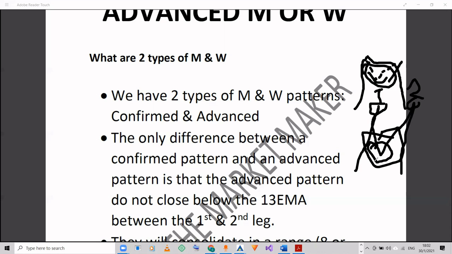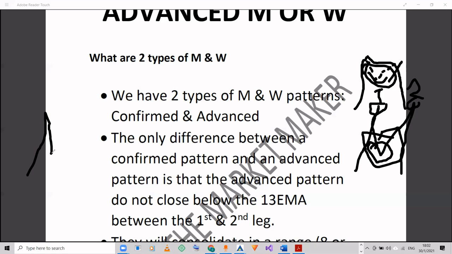There should be a close below the 13 EMA between the first and second legs. So that's how it is. That's the confirmed pattern for you again.